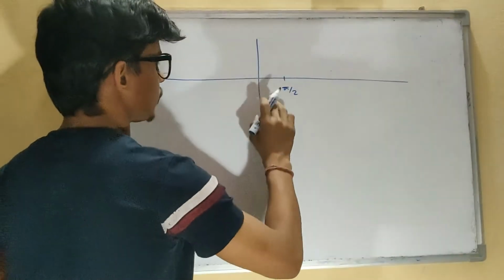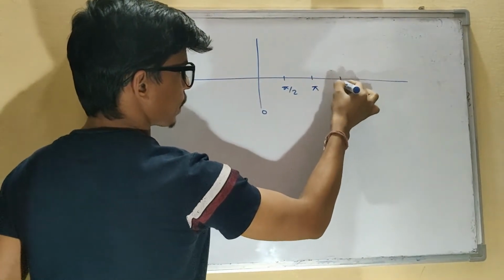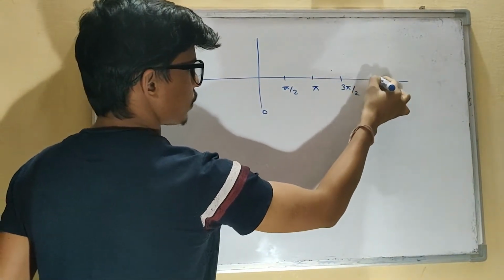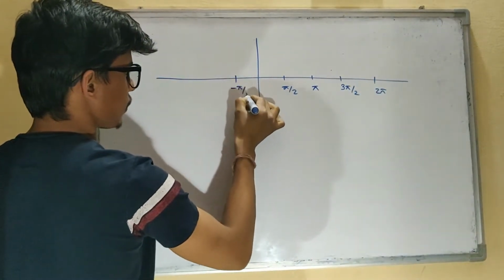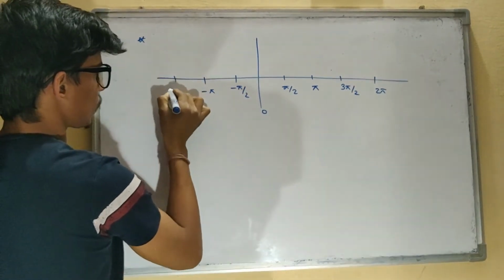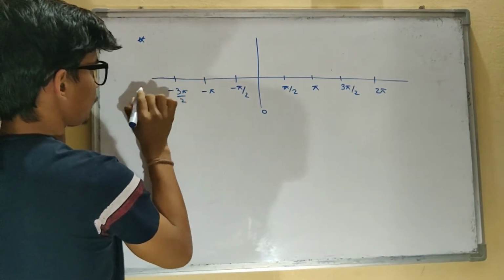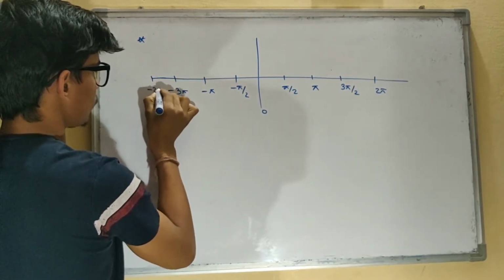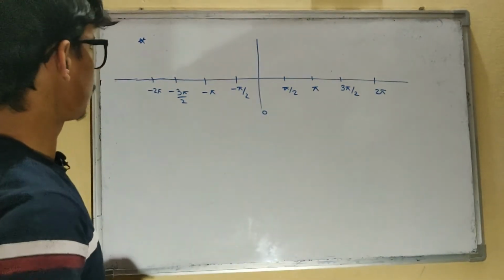So pi by 2 and pi, 3 pi by 2 and 2 pi. Similarly minus pi by 2, minus pi, minus 3 pi by 2 and minus 2 pi, something like this.